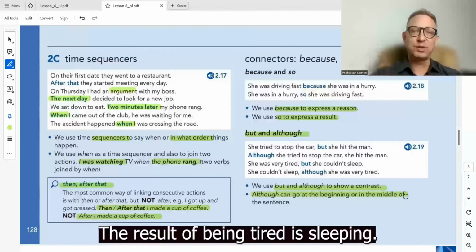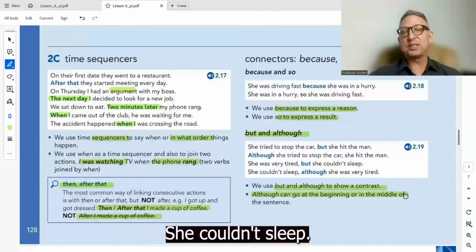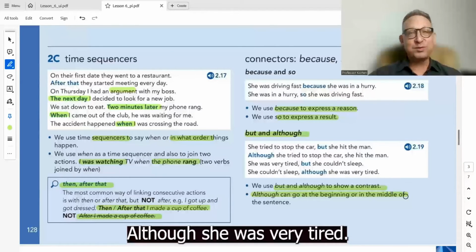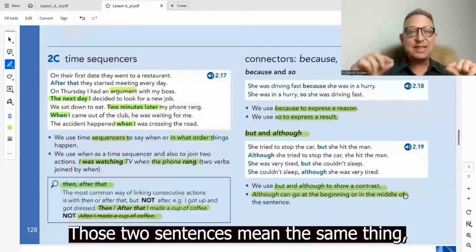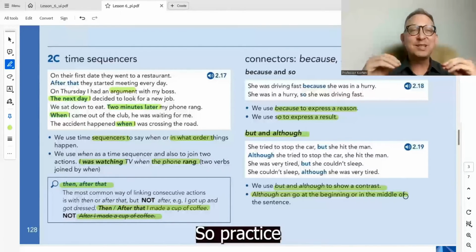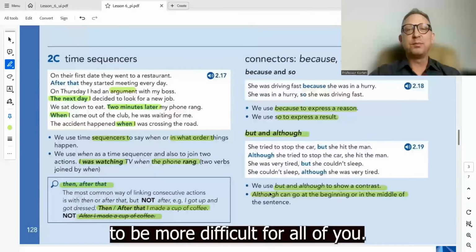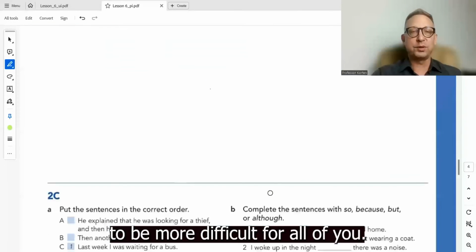That's the result. The result of being tired is sleeping. She couldn't sleep, although she was very tired. Those two sentences mean the same thing. But is more common, so practice using the sentence with although. This is going to be more difficult for all of you.